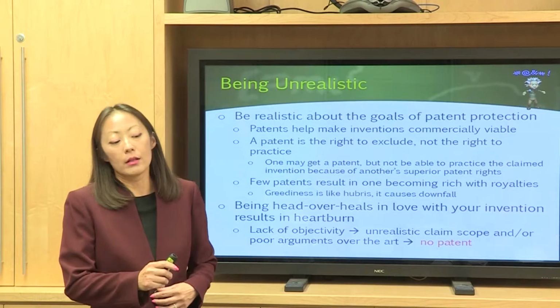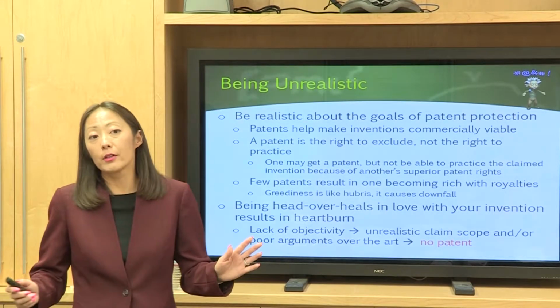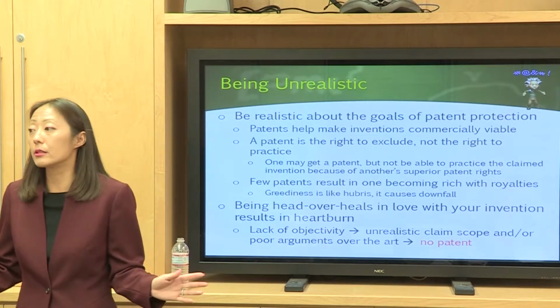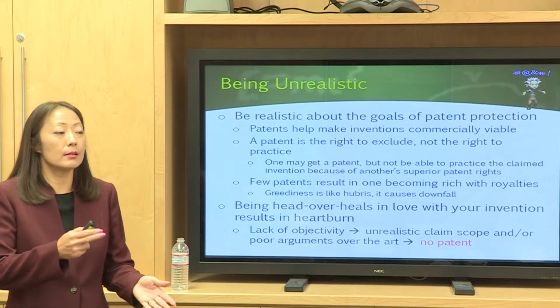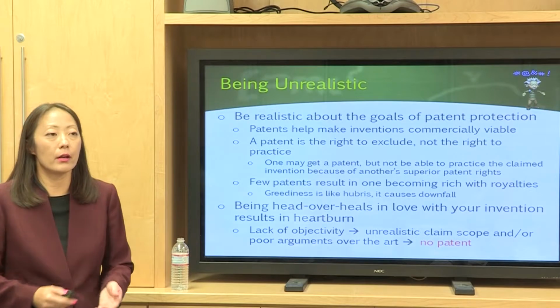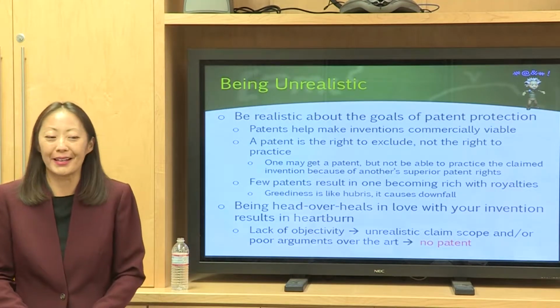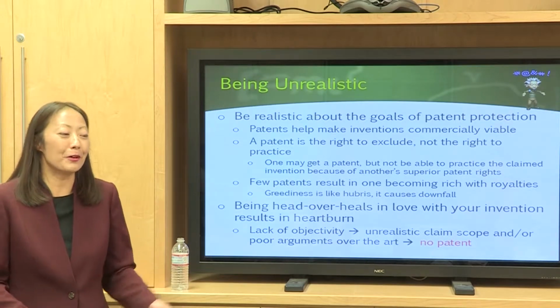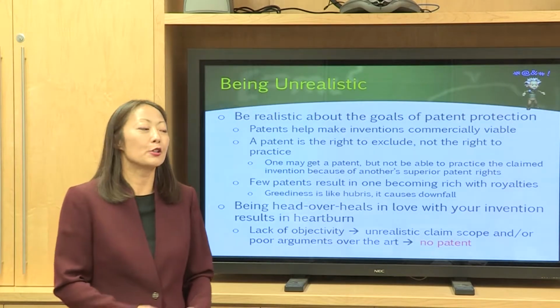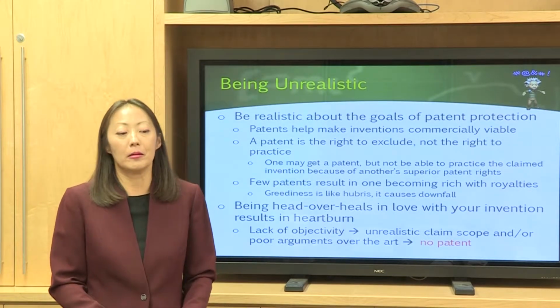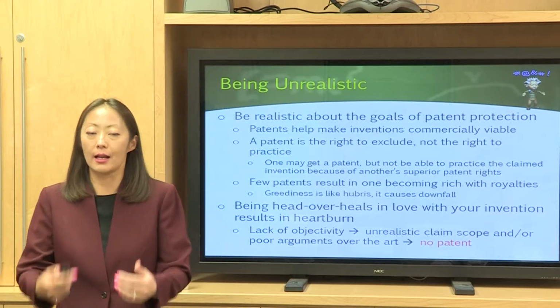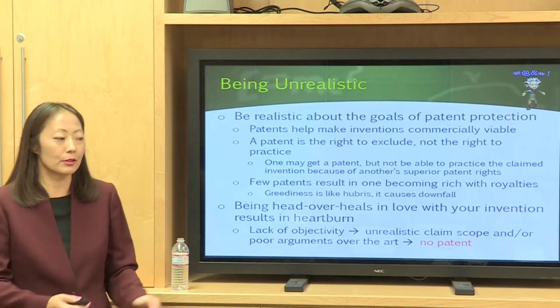One of the big issues is being head over heels in love with your own invention. That results in people not being very objective about the arguments that can be made, or helpful about what something discloses.